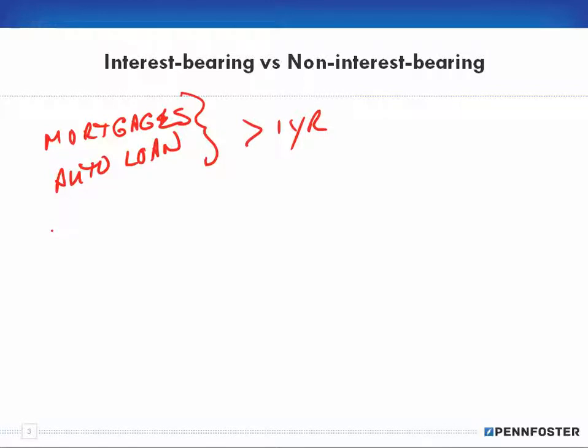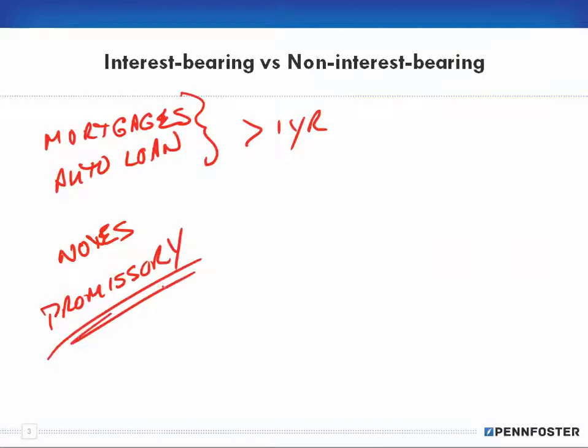Generally, when you take out a loan for less than a year, they're mostly called notes, and they're called promissory notes. The reason is that most of the time it's just based upon your credit and your name, okay?